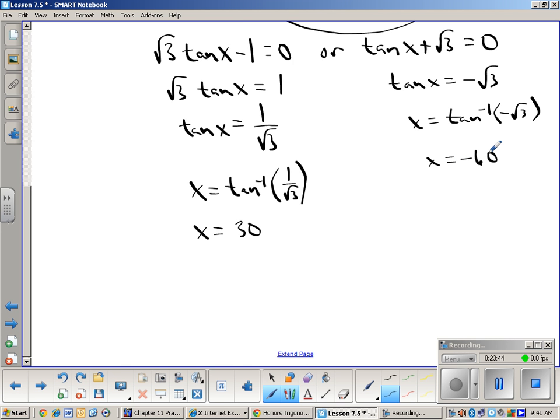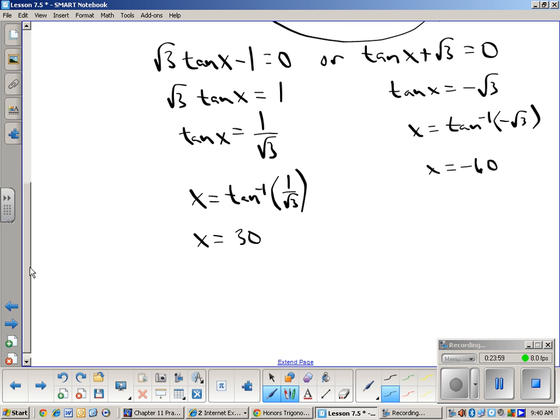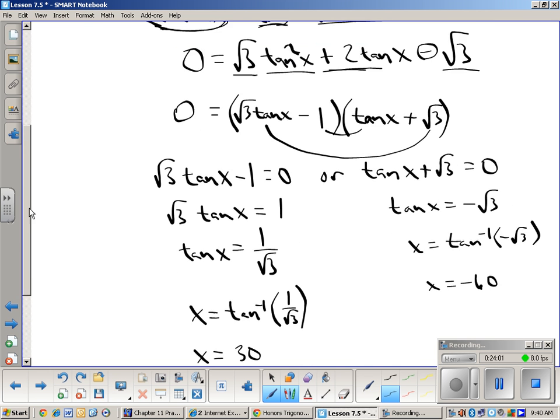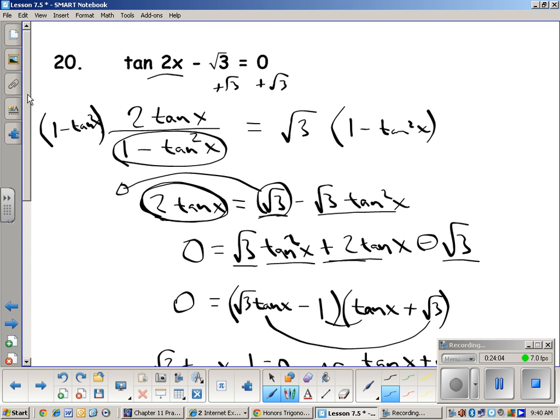Okay. So then, did it say principal values yet? Was this the same kind of? Yes. Okay. And so if we go back to here, and I put negative 60 in, what's 2 times negative 60? 2 times negative 60 is negative 120, right?